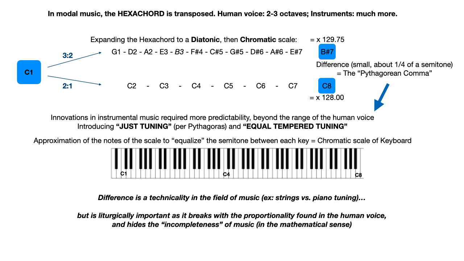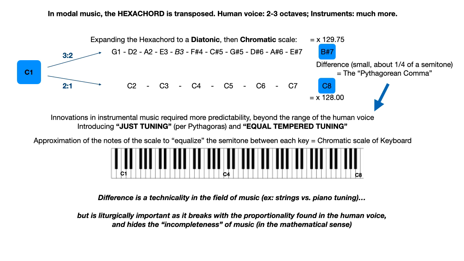This equal temper tuning consisted in approximating the tone of the notes so that we have equal semitones between each key. And that's how the keyboard, the equal tempered keyboard, was created.